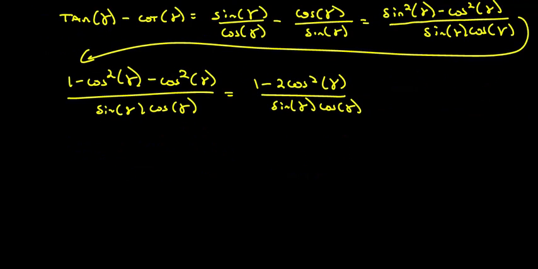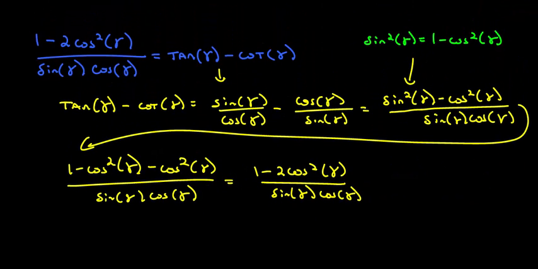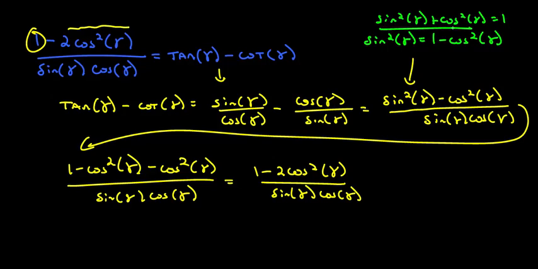But look, the problem that I made in the beginning here is that instead of working with this guy right here, I should have worked with this guy. I should have said that since sine squared gamma plus cosine squared gamma is equal to 1, I should have stuck this guy right here.